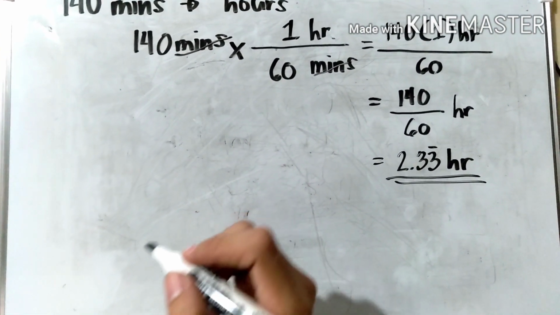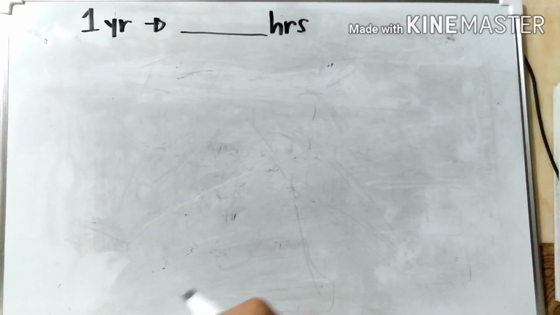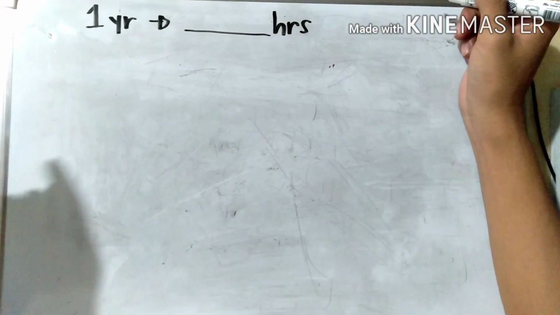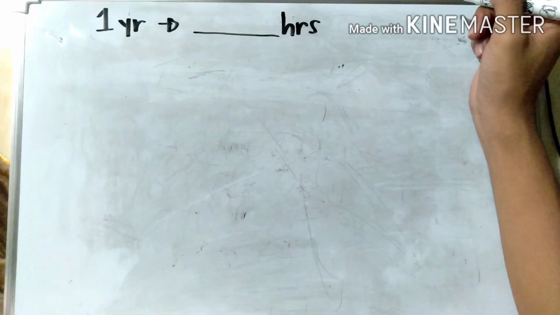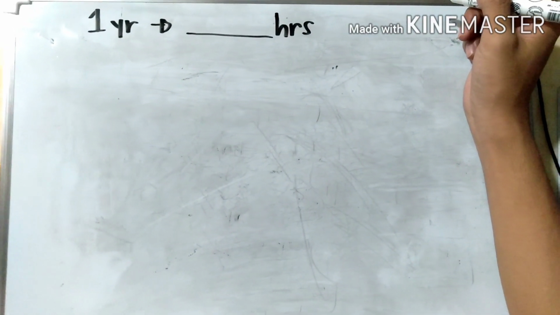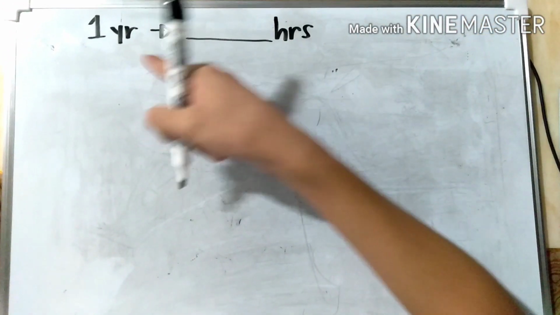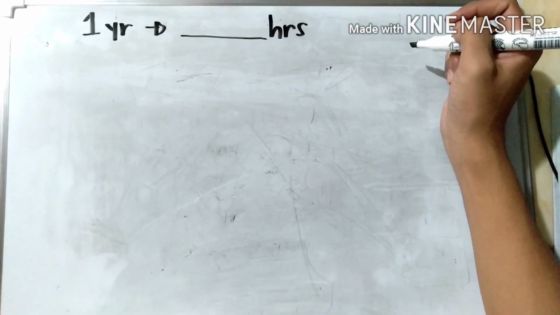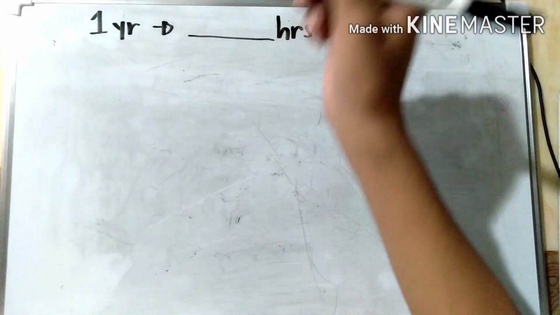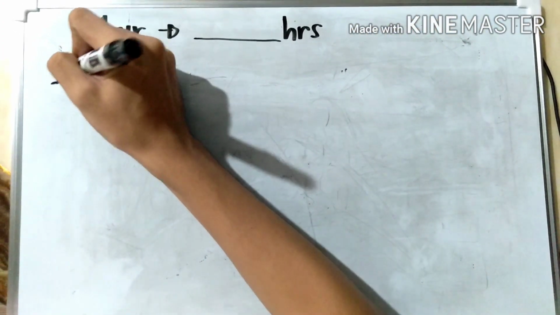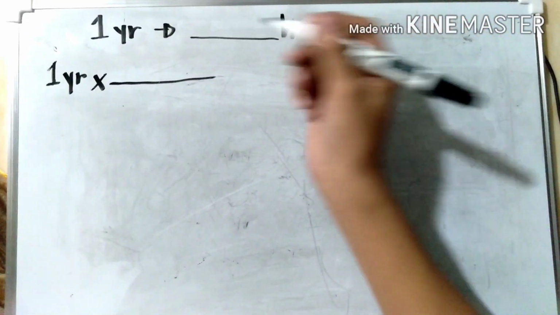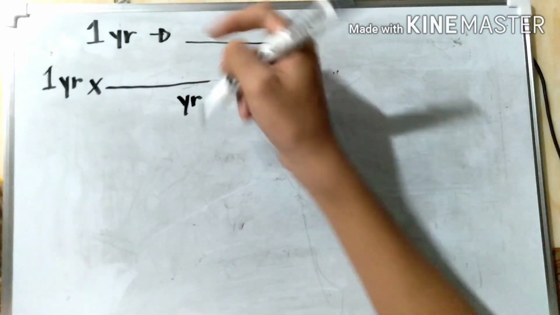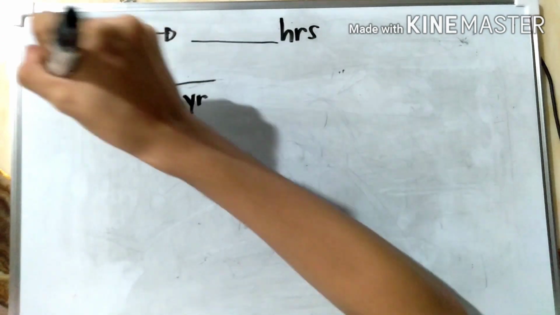Another example. If we are here to convert 1 year into hours, so ilang hours meron sa isang taon? So since we do not have direct conversion of year to hours, gamit tayo ng ating mga ibang conversion. So simulan natin sa 1 year yung ating given, multiply over. Since wala naman direct, gamit muna tayo dapat sa ilalim ay year para ma-cancel natin.